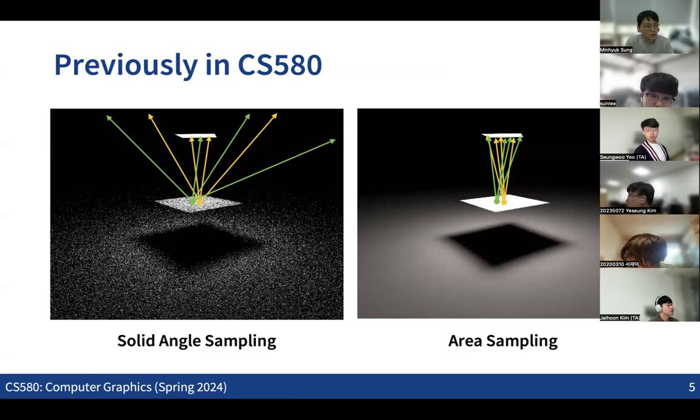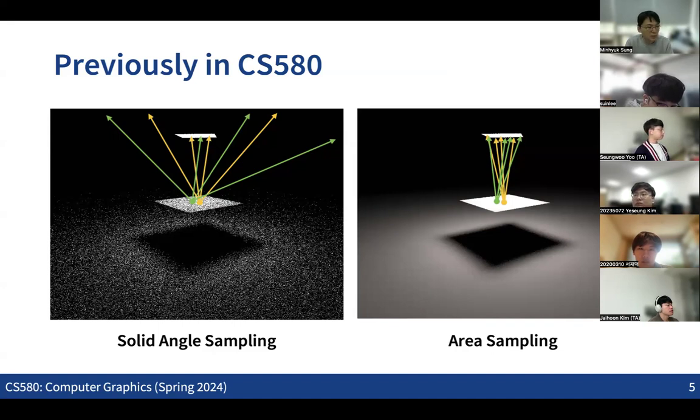So those are two different ways. In this specific example, we have an area light source. The good thing about sampling the points over the area of the light source was that we can take all the rays that will contribute to the computation of the outgoing radiance.